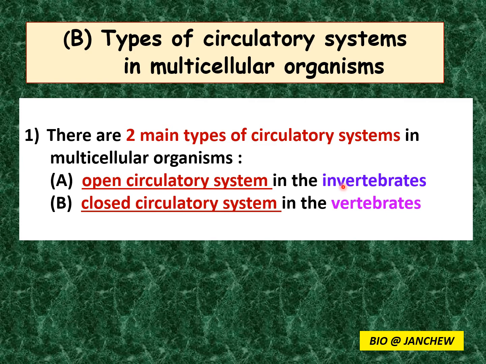These include the insects, snails, and prawns. Whereas the closed circulatory system is found in the vertebrates, which have the backbones. Okay, these include the fishes, amphibians, reptiles, mammals, including humans, and birds.